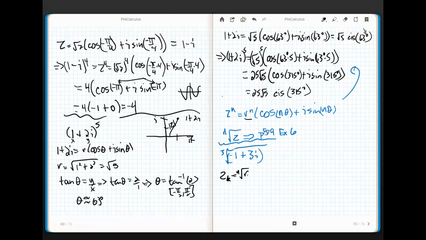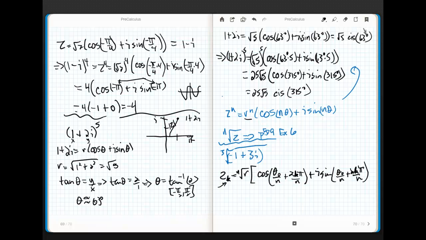But I know this looks frightening. What the heck is this k thing? Well, I'll describe that here in just a sec. Times the cosine of theta naught divided by n plus 2k pi over n plus i sine of theta naught divided by n plus 2k pi divided by n.